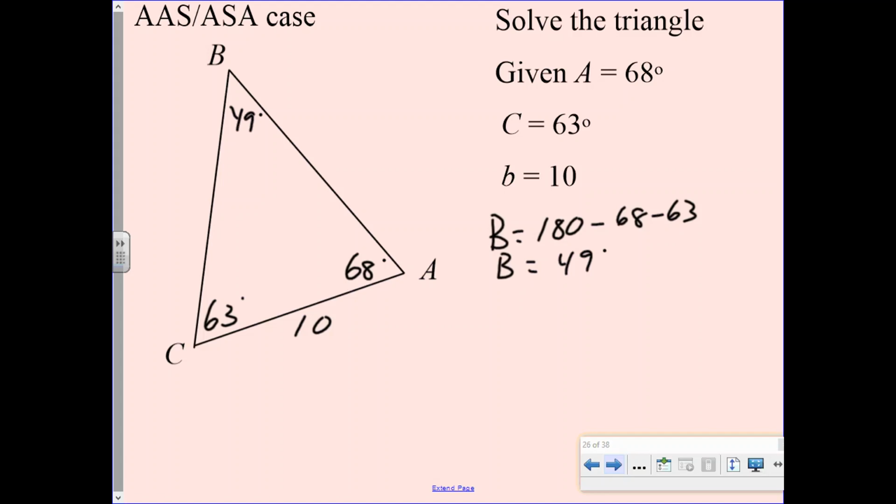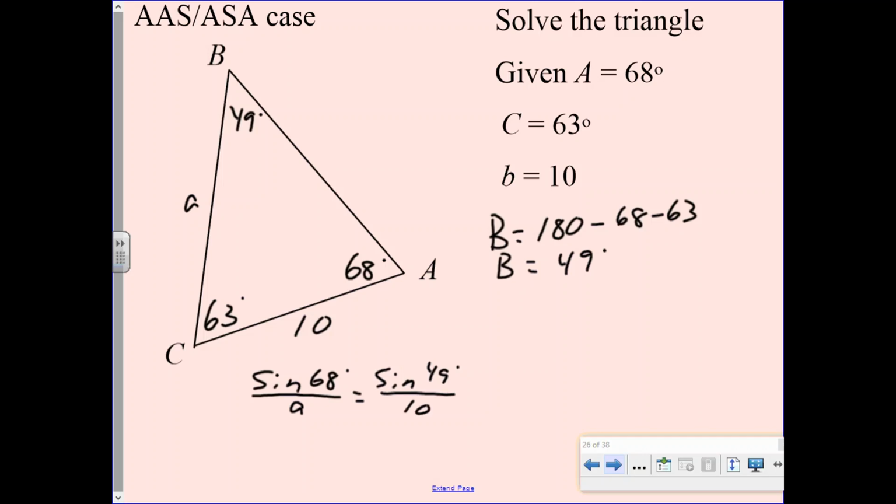And then for the law of sines, instead of writing all three of them out this time, I'm going to write just the one ratio I'm going to find first. So I'm going to find side A first, just because I feel like it. So I know it's the sine of 68 degrees over side A, and the ratio that I know everything about, I know side B and angle B. So that's going to be sine of 49 degrees over 10.